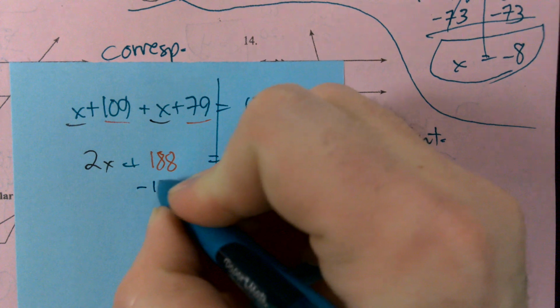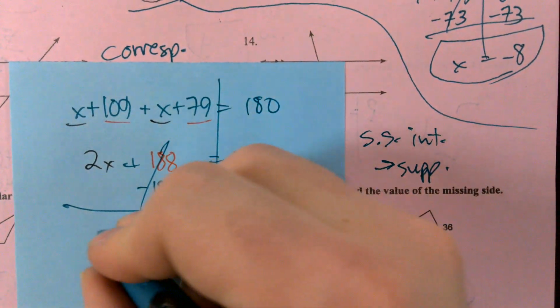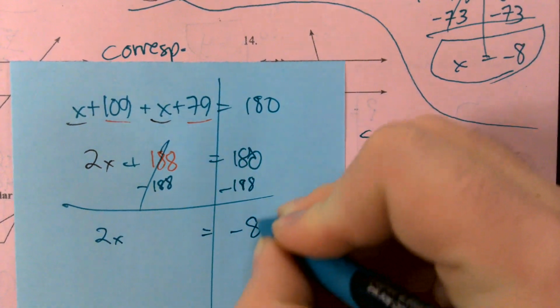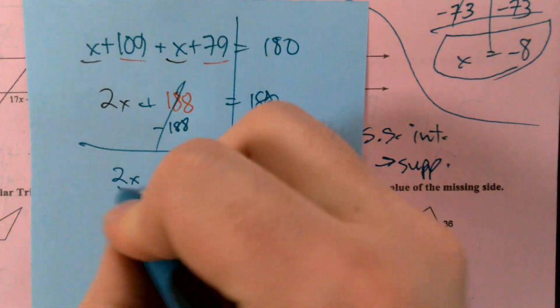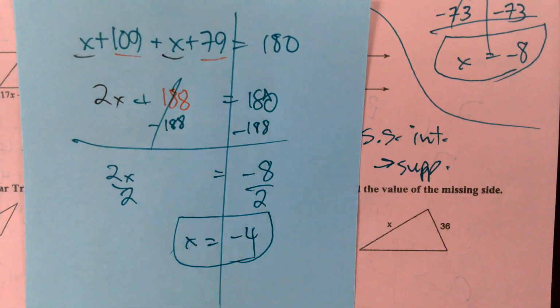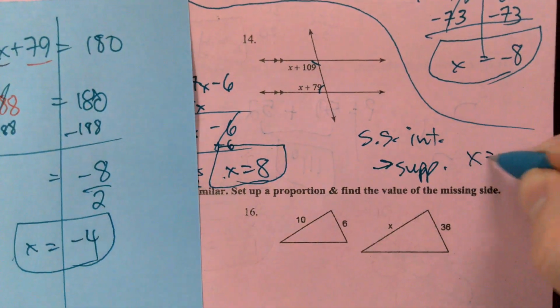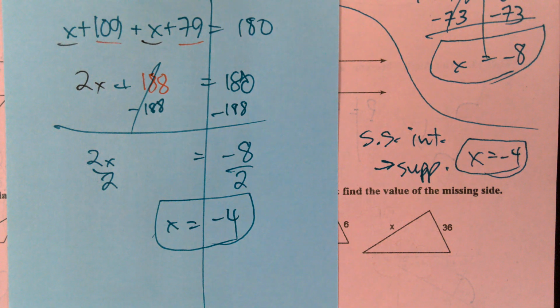I want to subtract 188 from both sides. Get rid of that constant term, leaving us with 2x equals negative 8. And when we divide by 2, what are we left with? Negative 4. That's right. x is equal to negative 4. That is for number 14.